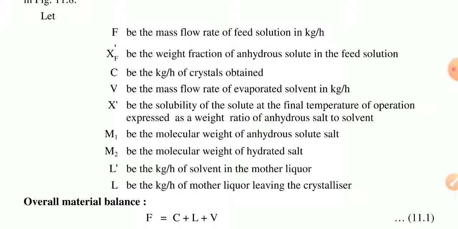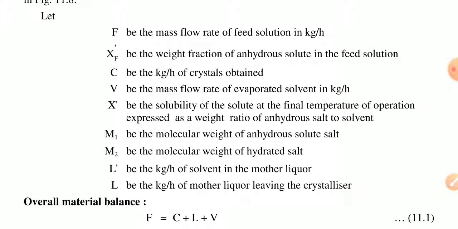So what is the notation in this material balance? F is the mass flow rate of feed solution in kg per hour, and X dash F is the weight fraction of anhydrous solute in the feed solution.